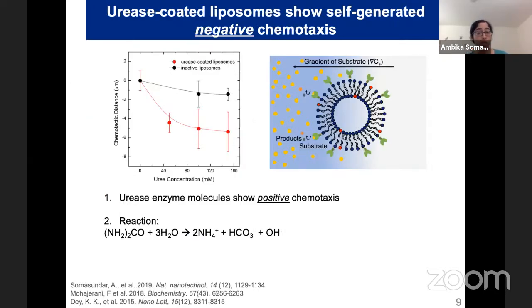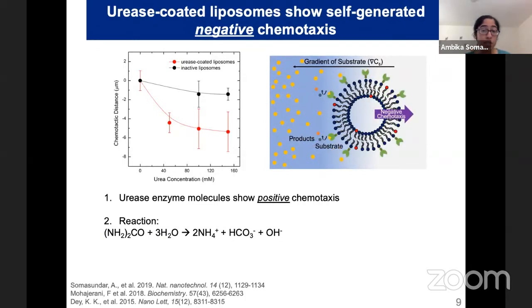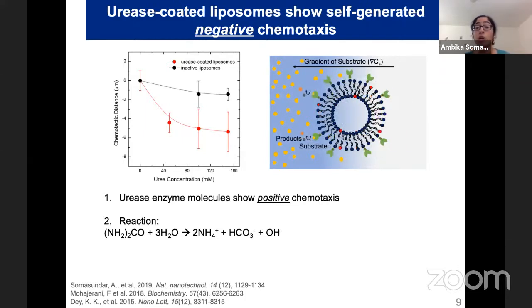Now, urease molecules, as well as urease-coated hard particles, have been shown to also show positive chemotaxis in gradients of substrate. So it was very surprising for us when urease-coated liposomes actually moved away from high concentrations of urea.